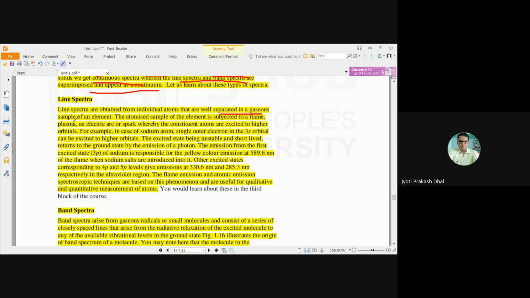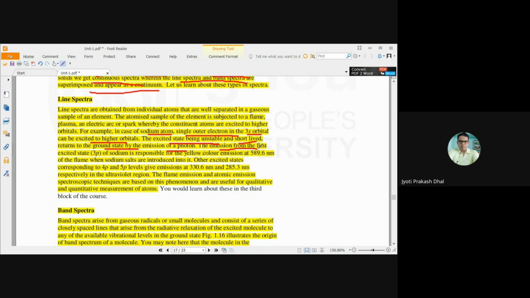Now coming to the line spectra, they are obtained from individual atoms that are well separated in the gaseous sample of an element, and the atomized sample of an element is subjected to flame, plasma, electric arc or spark, whereby the constituent atoms are excited to a higher orbital. For example, in the case of the sodium atom, the single outer electron in the 3s orbital can be excited to a higher orbital, the excited state being unstable and short-lived, so it returns to the ground state by emission of a photon.